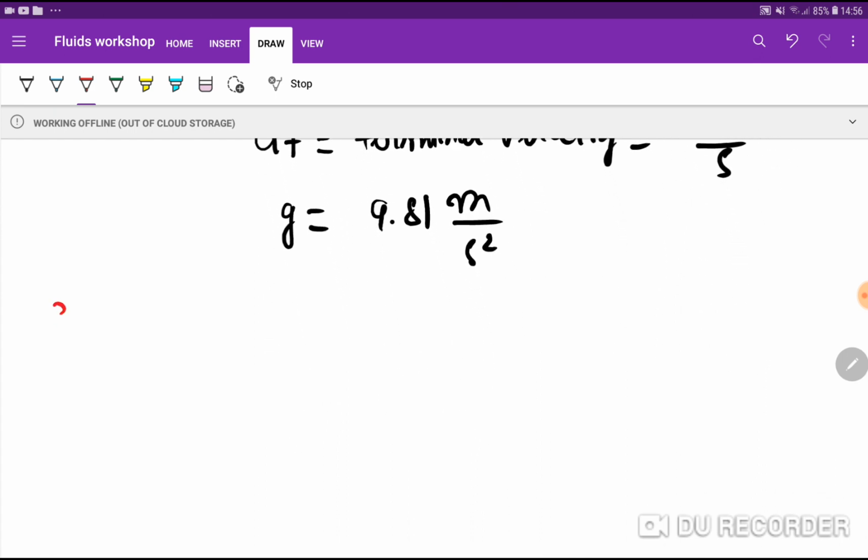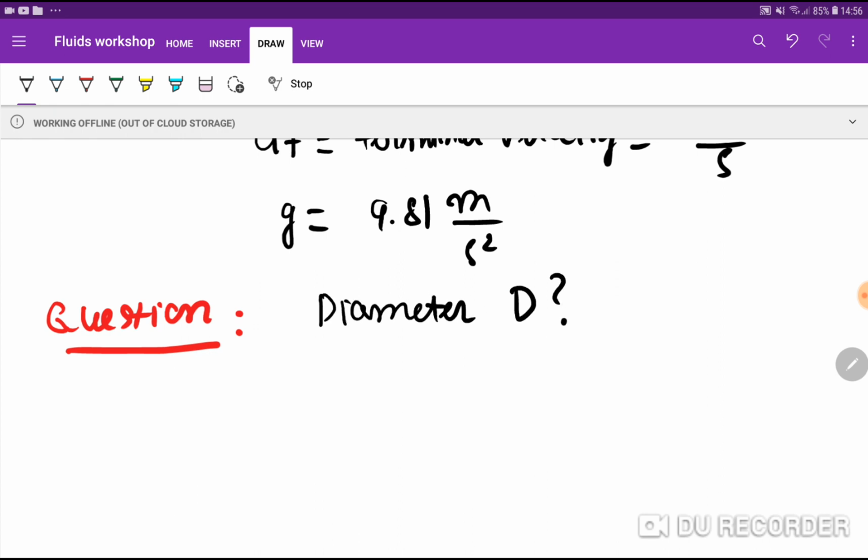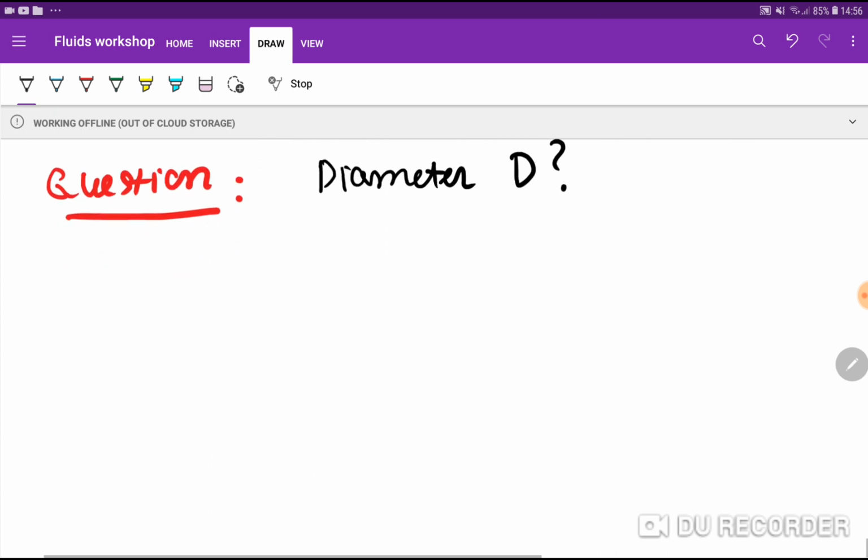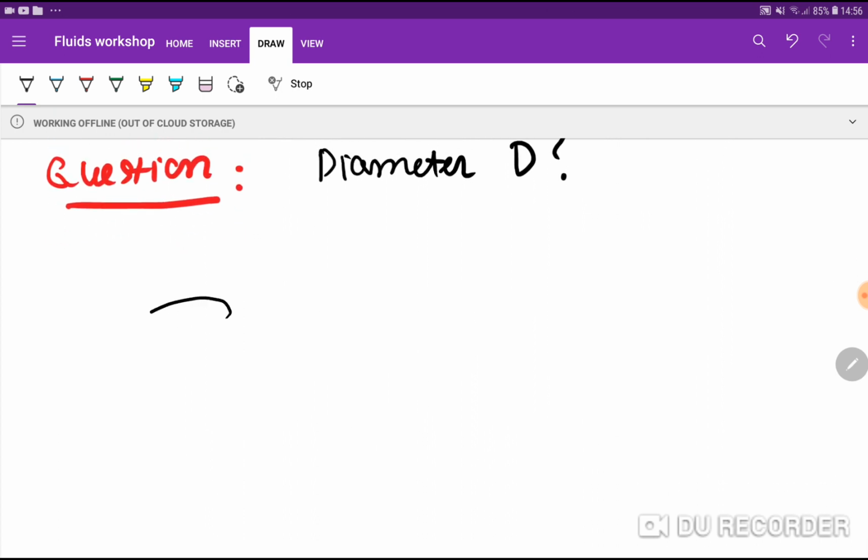What is the question? They ask for diameter D. Okay, so how do we start this problem? We draw the spear. So let's go ahead and draw the spear out. Okay, you have a very nice spear right there.